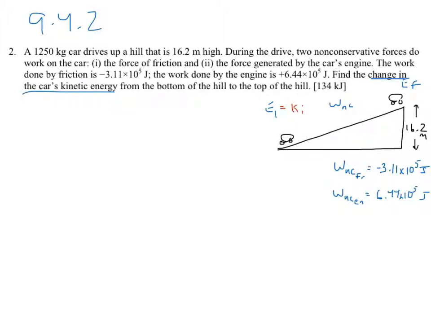It's possible that it's moving. It's also possible that it has some potential energy as well. Even if it's zero, it's got some kind of potential energy. At the top of the hill, it's got some kinetic energy final, and it's also got some potential energy final as well.